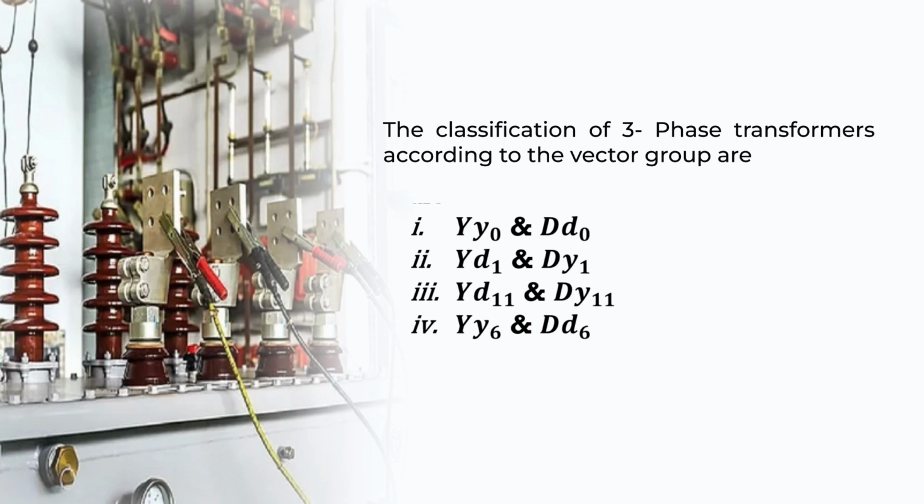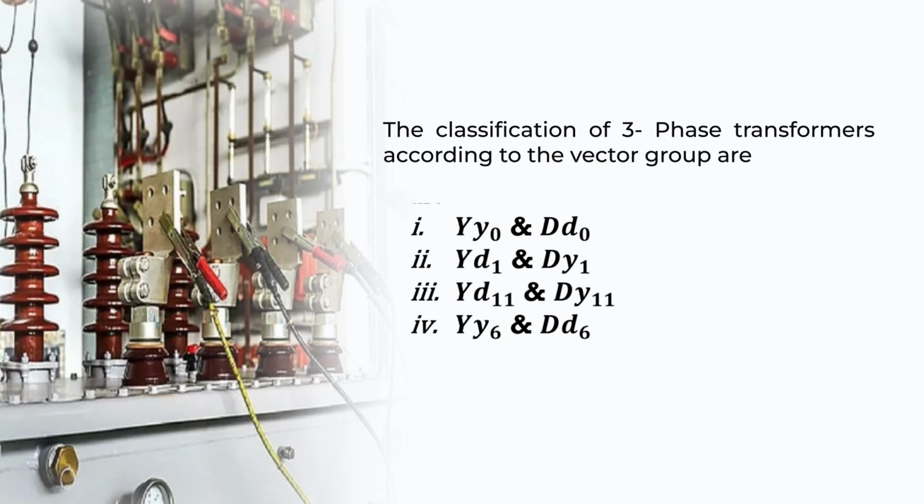Similarly, the second one, YD1, states that the high voltage or primary winding is connected in star, the secondary winding is connected in delta, and the phase difference between them is 30 degrees. That means the low voltage phase winding is leading the high voltage phase winding by 30 degrees.